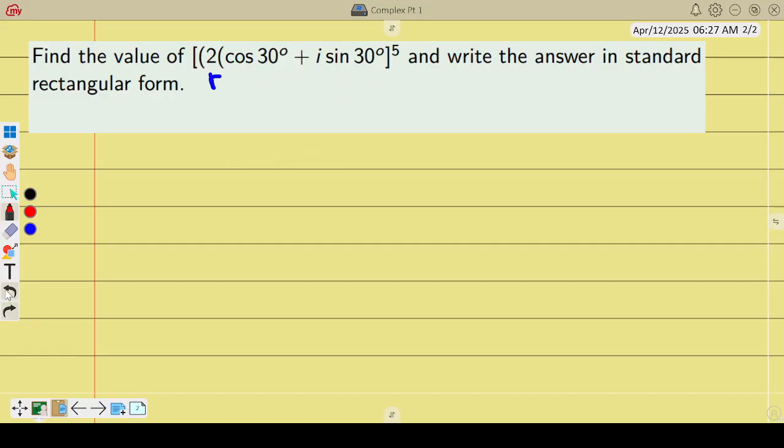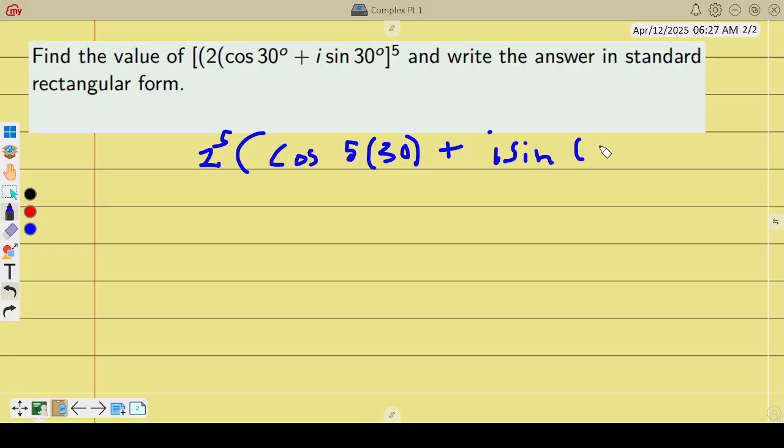Now remember, when we have a power of 5, it will come onto the modulus. So we're going to have 2 to the power 5, and then the 5 will come down to be in front of the 30, and also in the sine. It's okay if we put brackets like that.